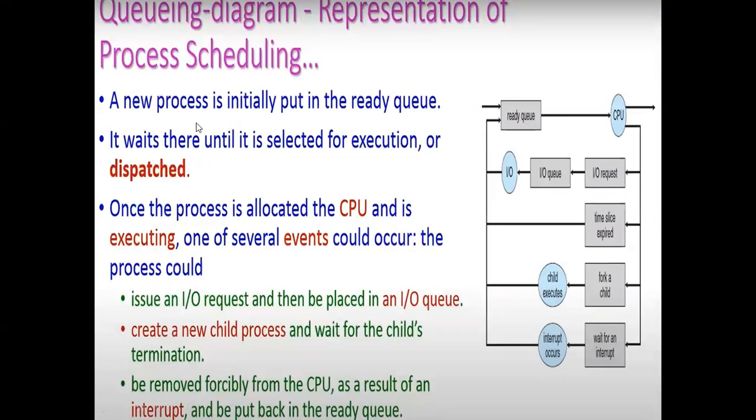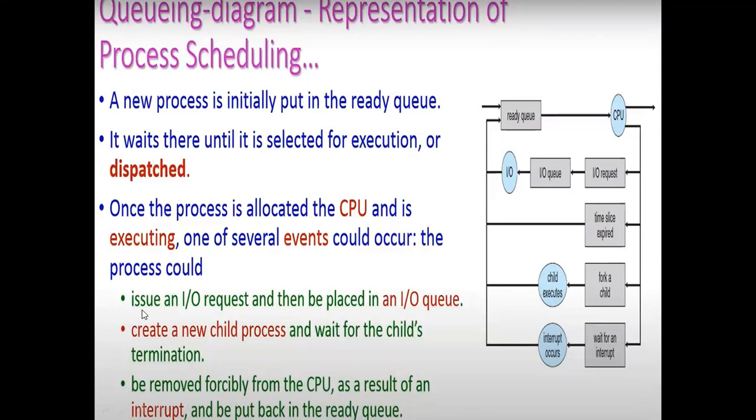Here you can see the new process is initially stored in the ready queue. It waits until it is selected for the execution or dispatched. Once the process gets allocated and it is executing, one of the several events will occur.